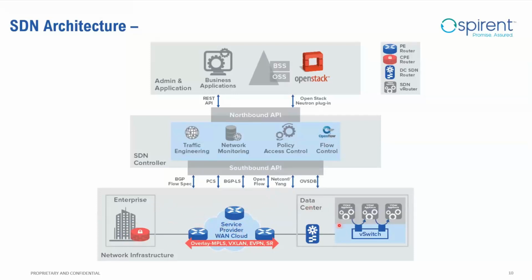And this is one big switch or a router for this SDN controller. You may have hundreds of switches, you may have thousands of switches or thousands of routers, that all appear to the SDN controller as one big switch or one big router. That is because they extracted the control plane and separated the control plane and data plane.